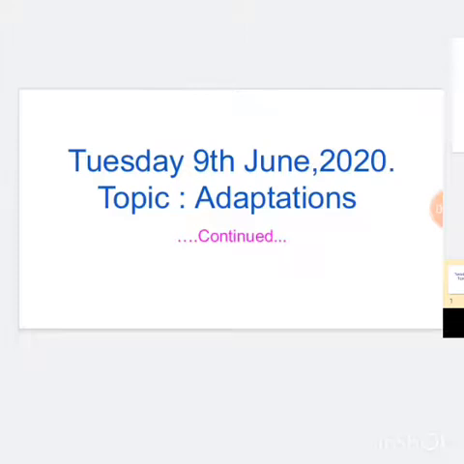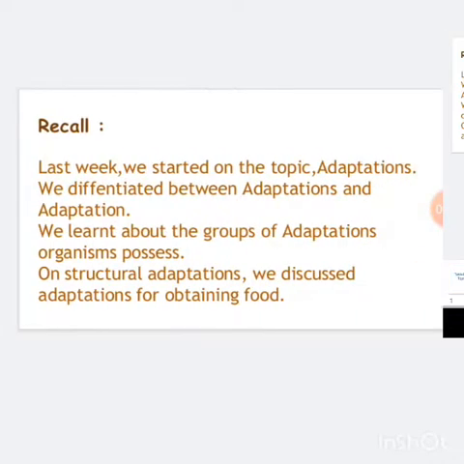Today we are still on the topic we started last week, adaptations. Okay, so we'll continue from where we stopped. Last week we talked about the difference between adaptation and adaptations.